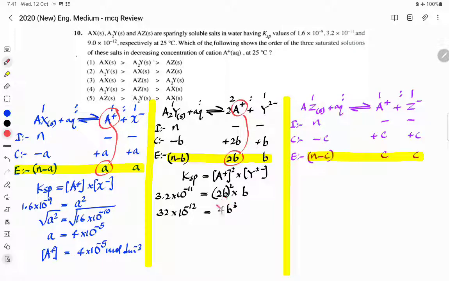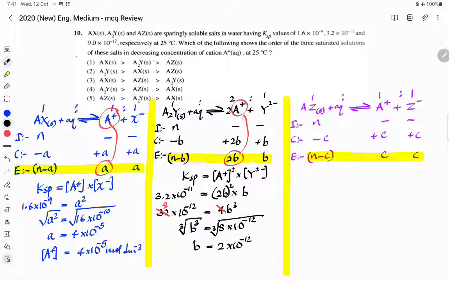Now this gets cancelled off, it becomes 8. So b cubed will be 8 × 10^-12. Now taking the cubic root of both sides will give you the answer. B equals, now 8 is the cube of 2, therefore the cubic root of 8 will be 2 × 10 to the power minus 12.